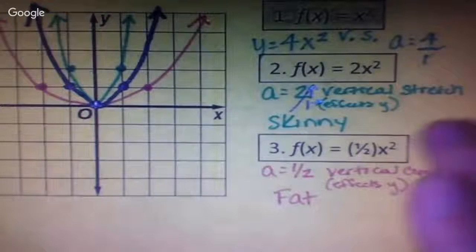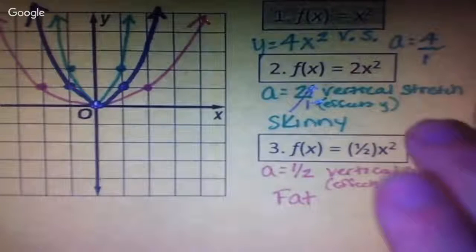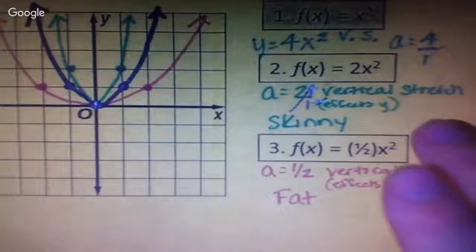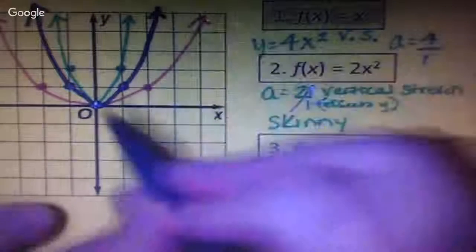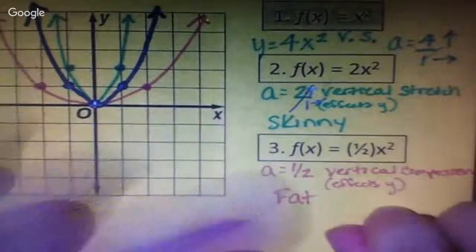Just remember, this is only good for 1 point. You cannot keep using the slope over and over again. This is a quadratic, not a linear. So my first point from my origin is going up by 4 because it's positive and to the right by 1.